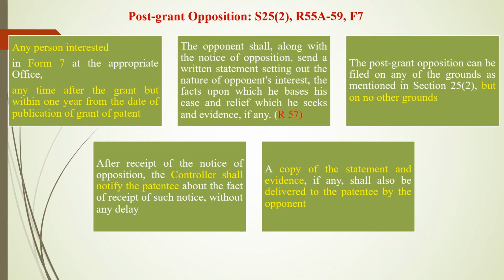These rules say any person interested may raise post-grant opposition through Form 7 and the time period is any time after the grant but within 1 year from the date of publication of the grant.